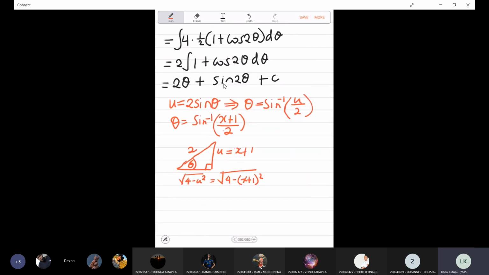Okay, so now substituting and rewriting everything in terms of x, we have 2 times theta, so it's 2 times sine inverse of x plus 1 over 2. And then 2, because sine 2 theta is 2 sine theta cos theta, so 2 times sine theta. Sine theta is u over 2, or x plus 1 over 2.